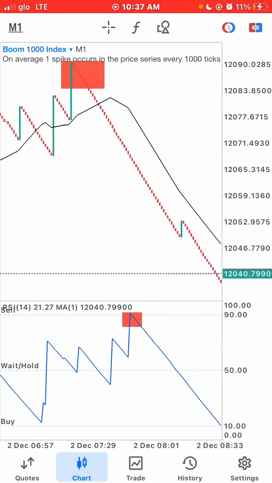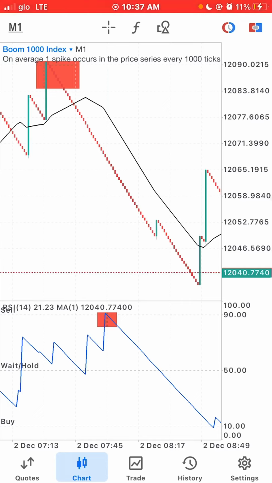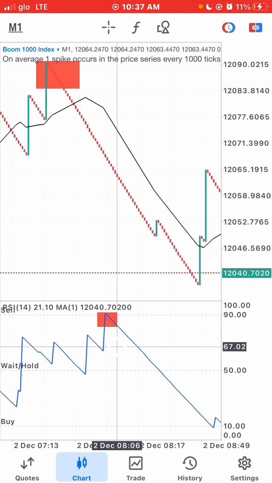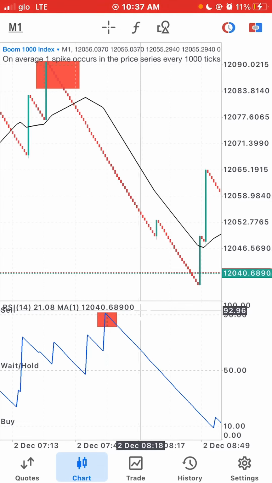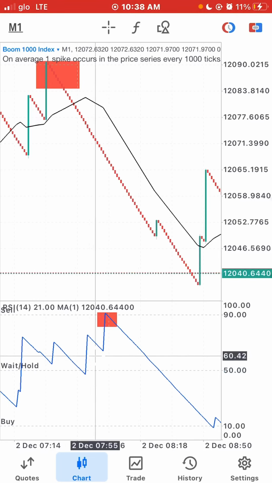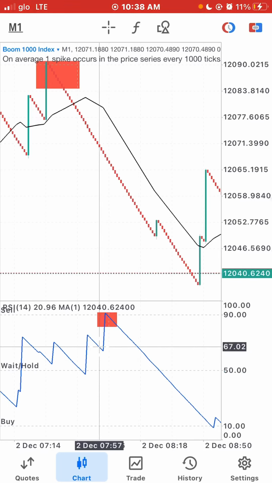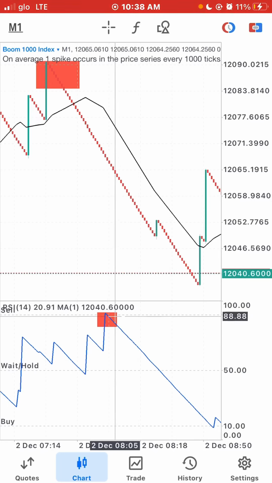Now for you to take trade using this strategy, you are going to have to wait for two criteria to play out. The very first criteria you want to play out is for your moving average in the RSI window to get to your level 90.